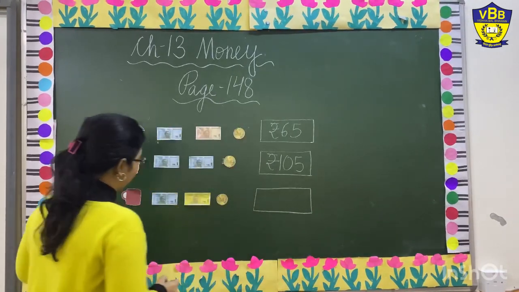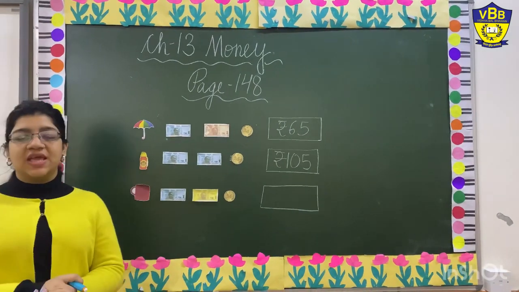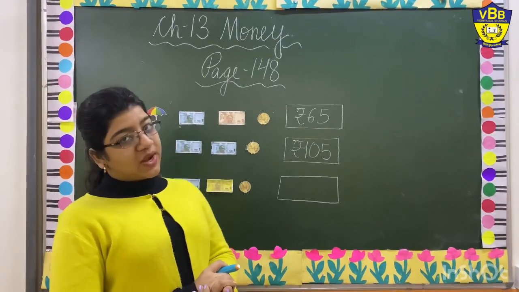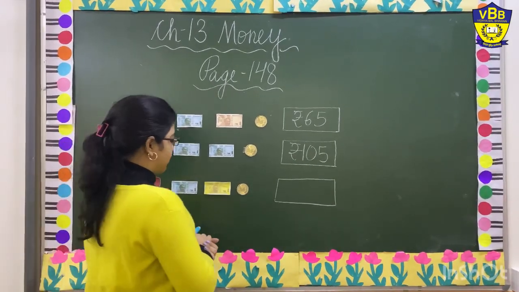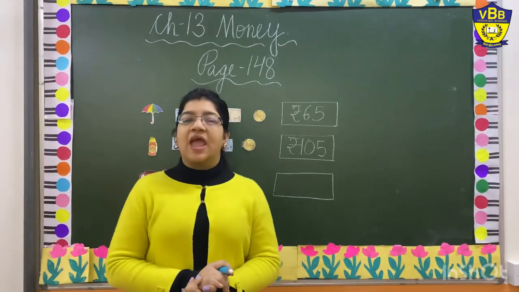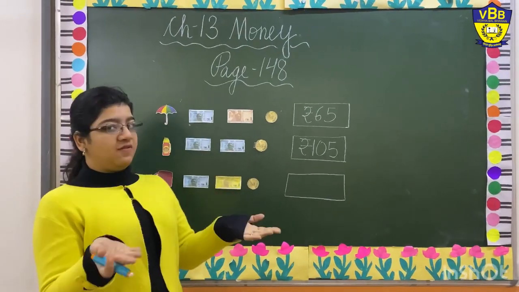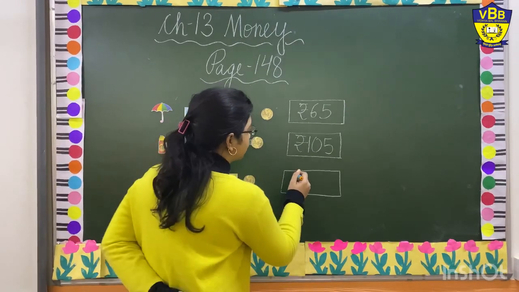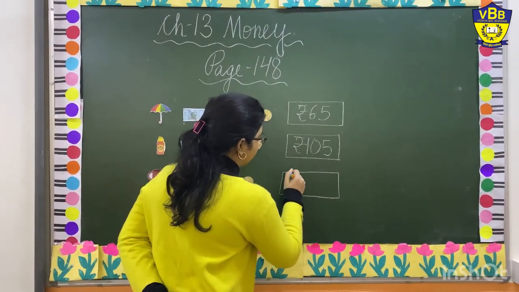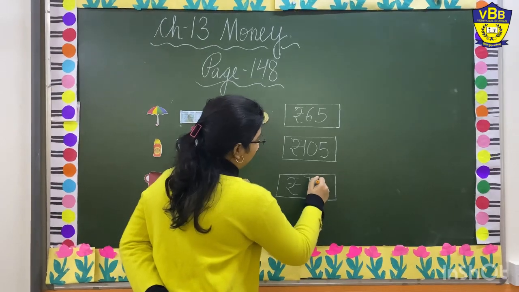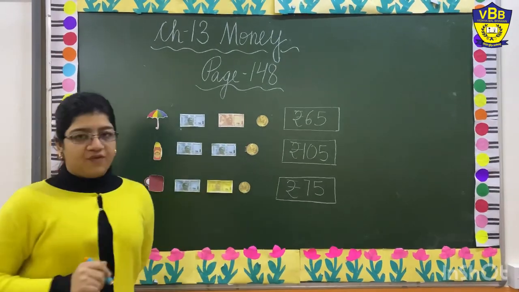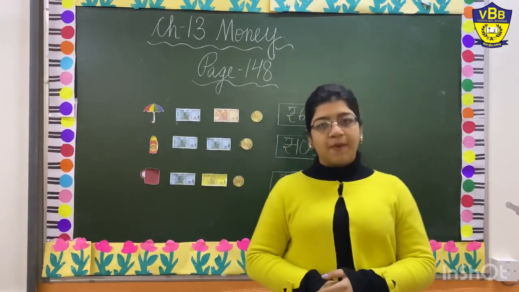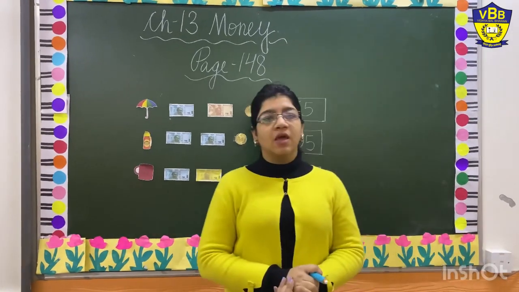Rupees 50 plus 20 is rupees 70. And when we add rupees 5 to 70, what does it become? Well done, it becomes rupees 75. I hope you all have understood counting money.